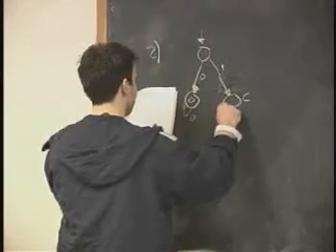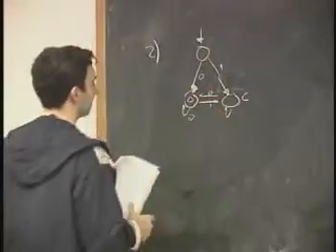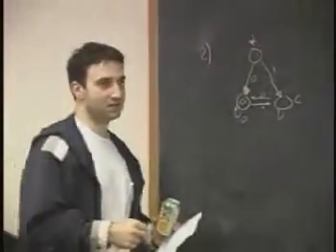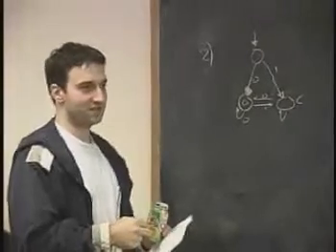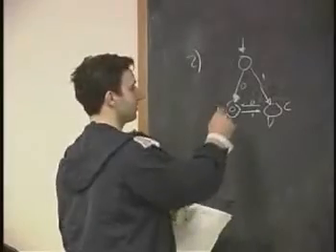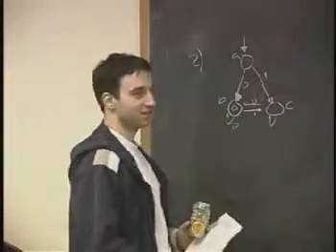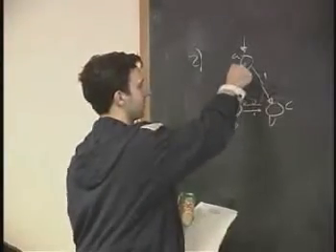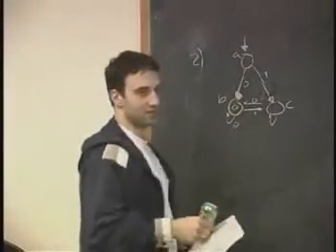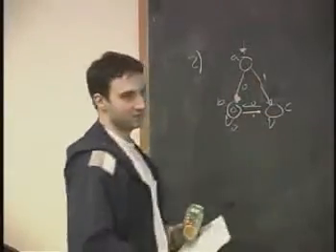Can someone remind me? We're trying to figure out which of these are different. There are 3 things here. Which ones are definitely different? We can't collapse these 2 because this is not accept, this is accept. So they're definitely different. These are the only possible ones that are the same.